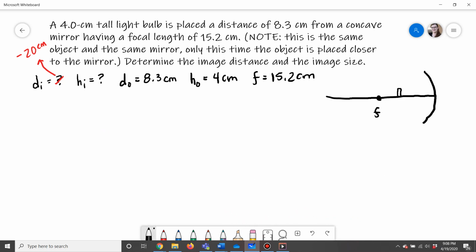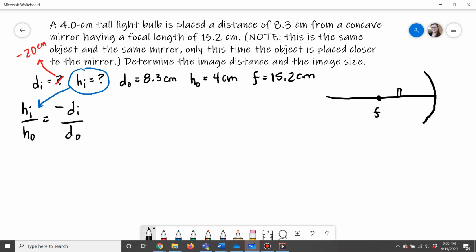Using the second equation, we have h sub i over h sub o. We also have image distance, object distance. All right, so we know everything except our image size. That's what we're looking for.